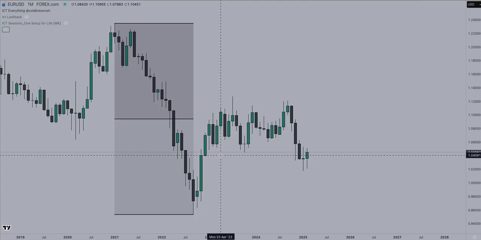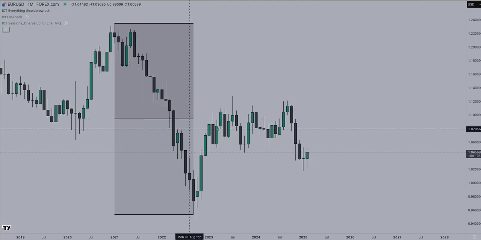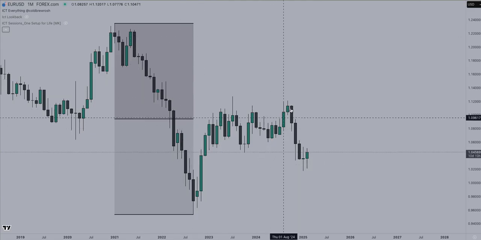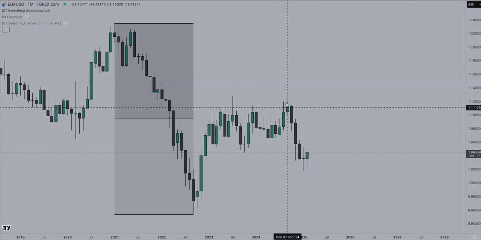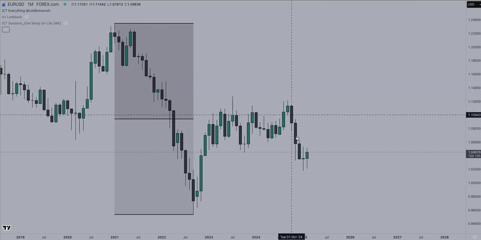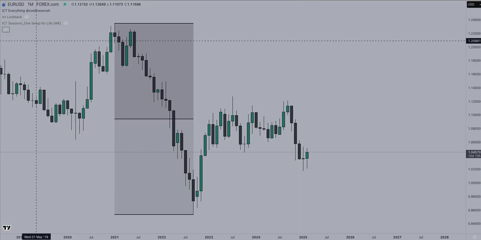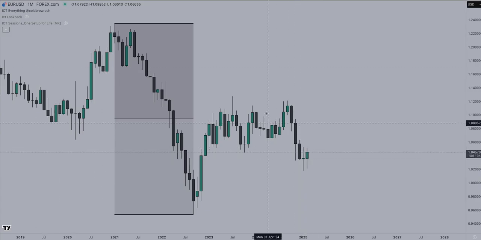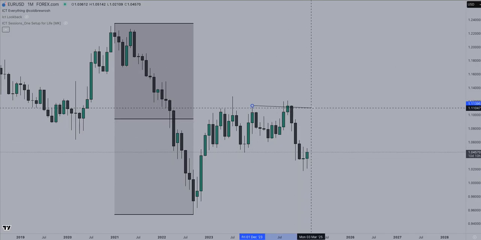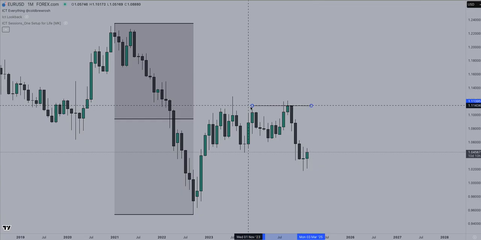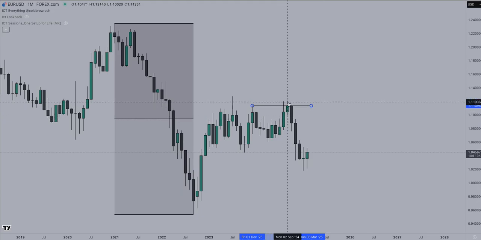So at the moment we can see that price moved into a premium and then now moved down into a discount. So what we actually see on here, and again this is the monthly chart, but we saw a liquidity raid inside the premium, and then price moved down to discount.